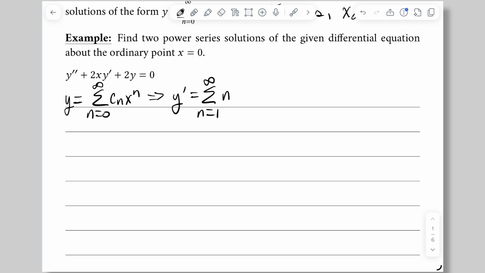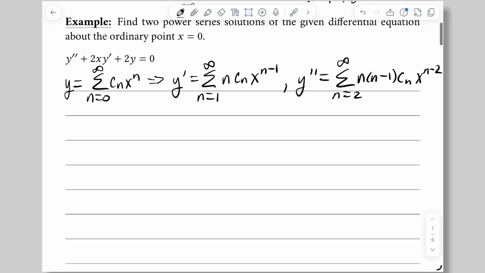So y prime is the sum as n goes from 1 to infinity of n c sub n x to the n minus 1, and y double prime is the sum as n goes from 2 to infinity of n times n minus 1 c sub n x to the n minus 2, from repeated uses of the power rule for differentiation.